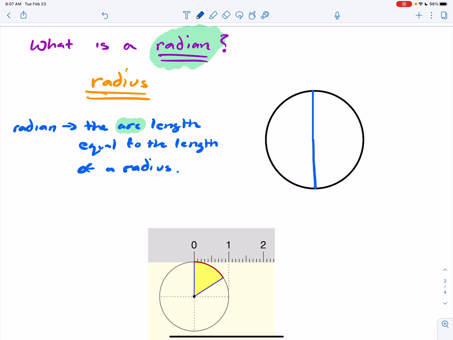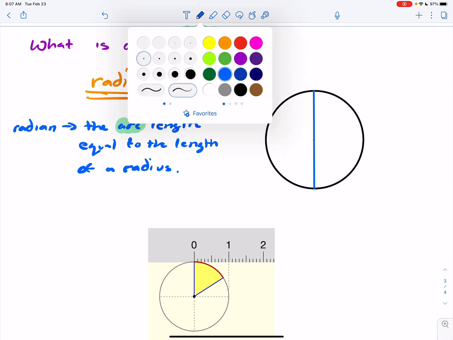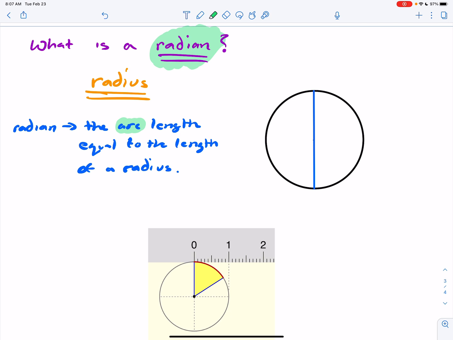Let me see if I can straighten this out. Oh, that's terrible. Let's try that again. If I were to go all the way across, okay? Think about that there, okay? From here to here, how many radians did it take?